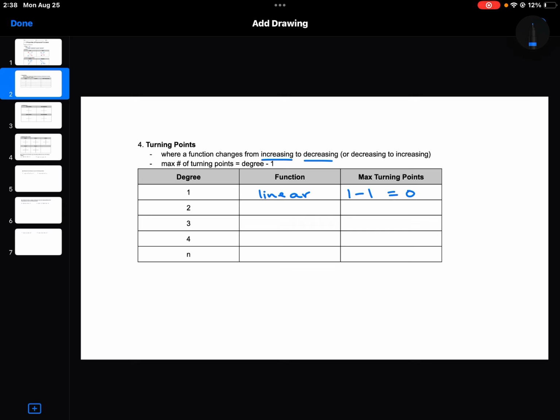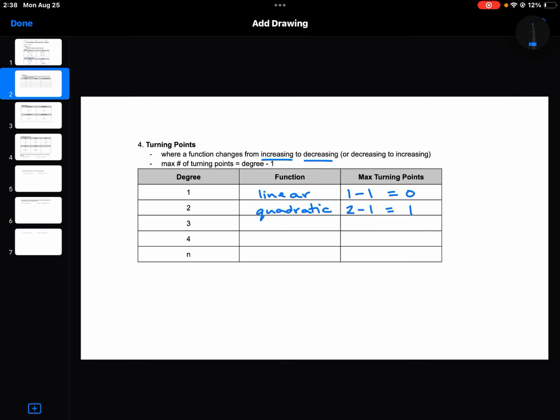A line doesn't change direction at any point. If you have a degree 2 function, that would be a quadratic. Maximum number of turning points would be 2 minus 1, which is 1. Makes sense. A parabola changes direction one time at the vertex.